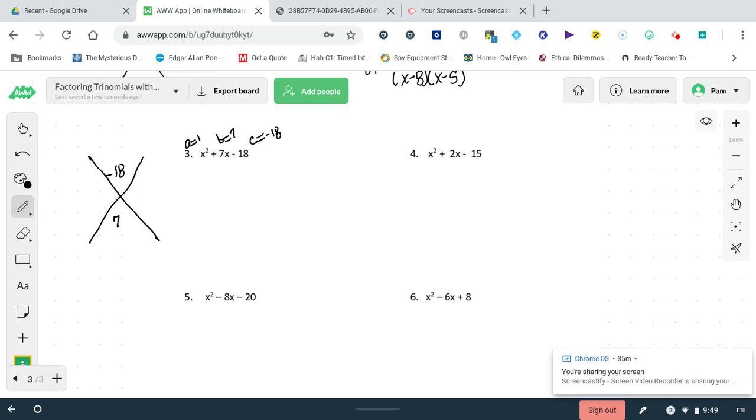So these signs are going to be different. I have a negative times some positive. Now I have to decide, is the larger number negative or is the larger number positive? So you look down here. This again helps you a lot with the signs. So this is positive, so the larger number has to be positive, guys. So the larger number is going to be positive.